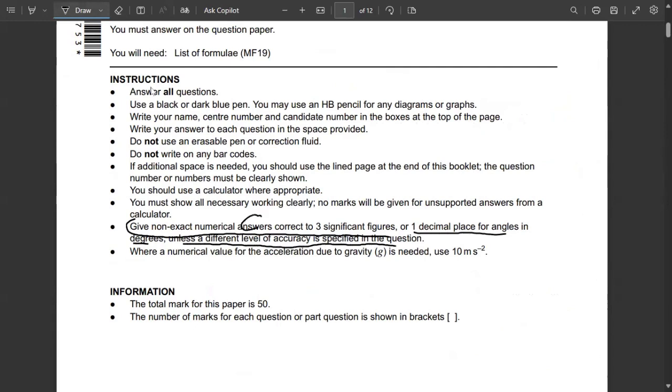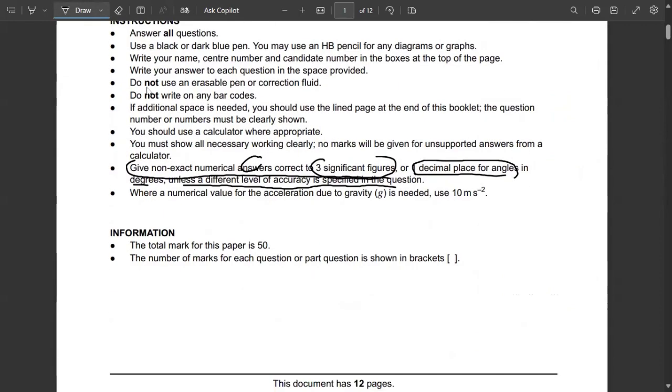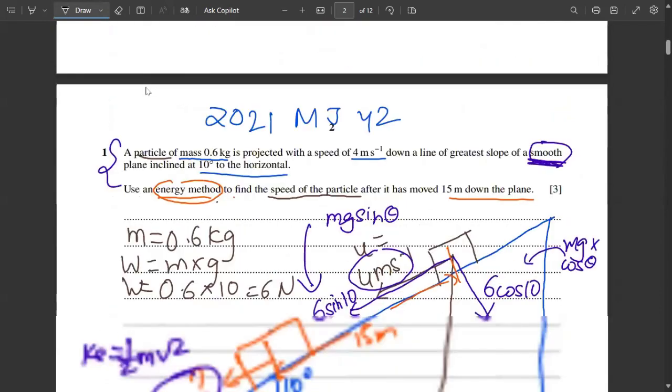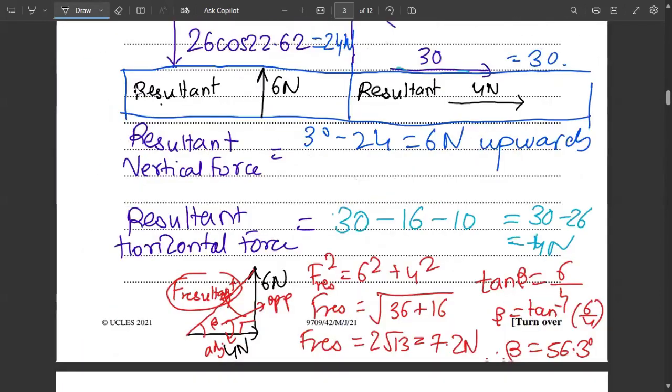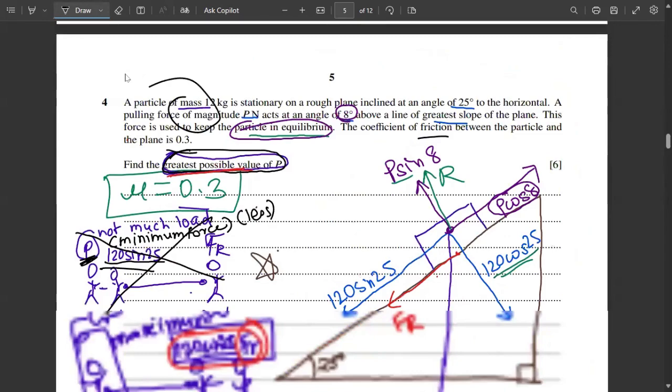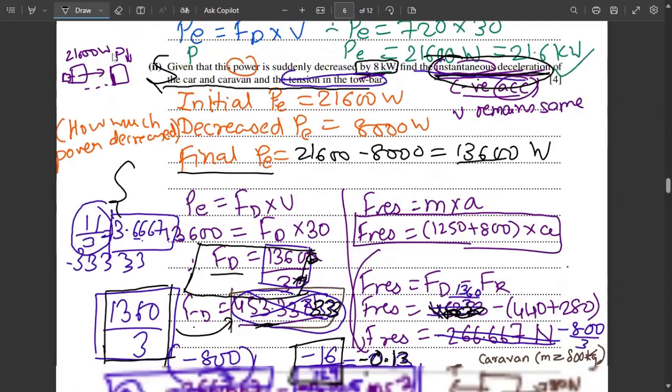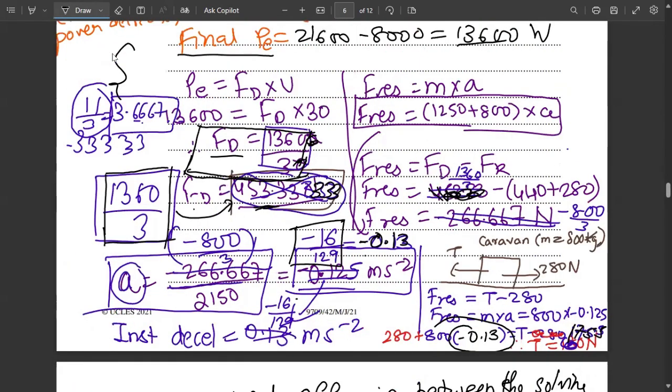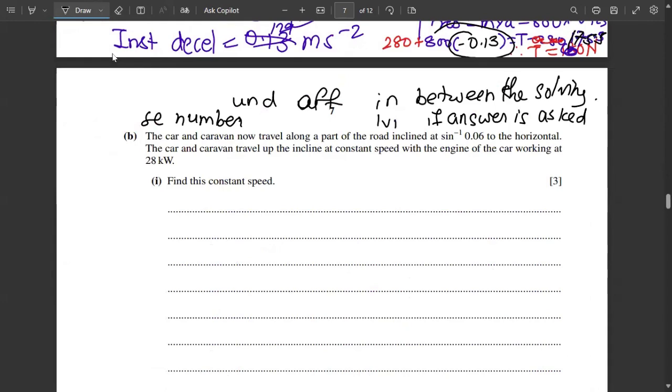So answers we have to give in three significant figures or one decimal place for angles, unless specified. Because this driving force FD was not specified in the question, we have to use the most accurate, the fractional form, which is 1360 upon 3. Now enough of this mess.